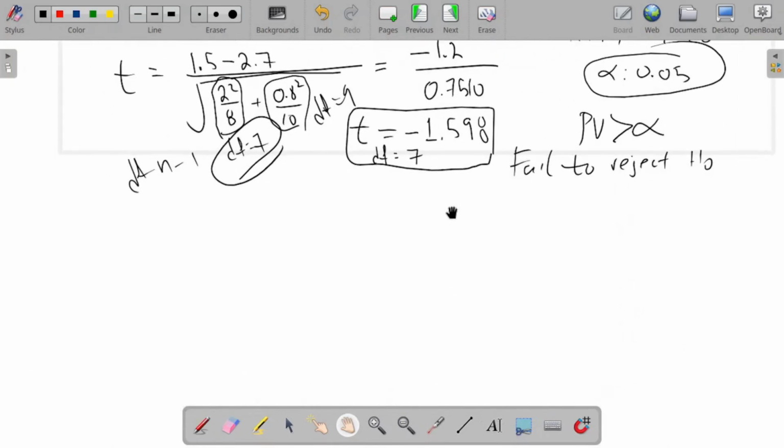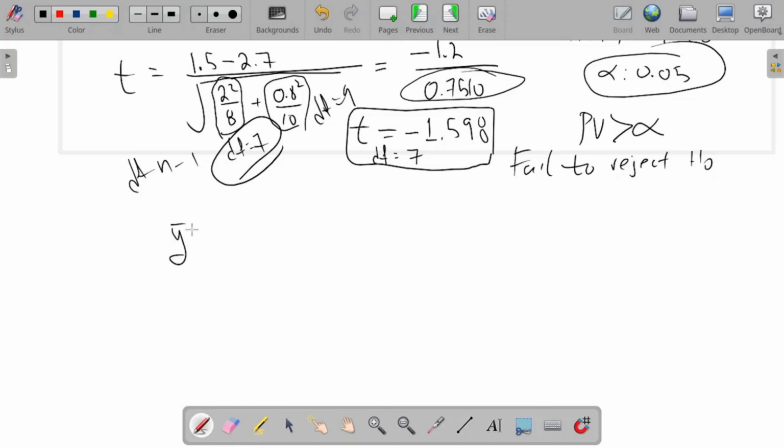So, piece of advice, pro tip if you will, oftentimes with these you reuse the standard errors, and that's why I distinctly wrote out the standard error as 0.7510 instead of just going straight to the test statistic, because I know I'm going to have to reuse that value when I do the confidence interval.